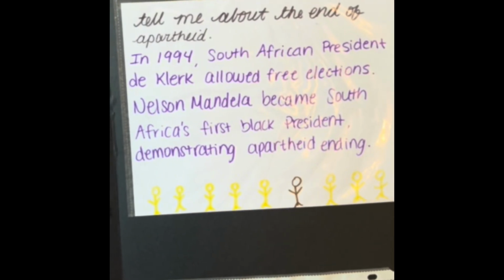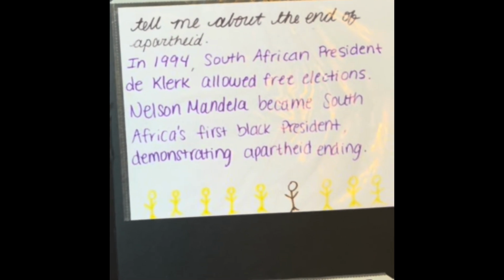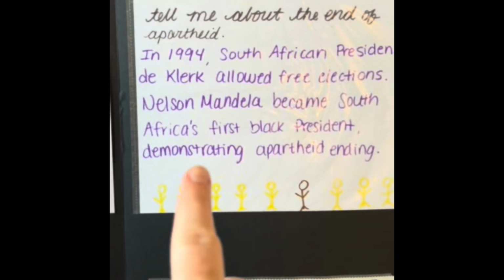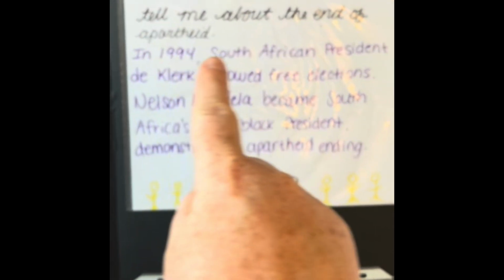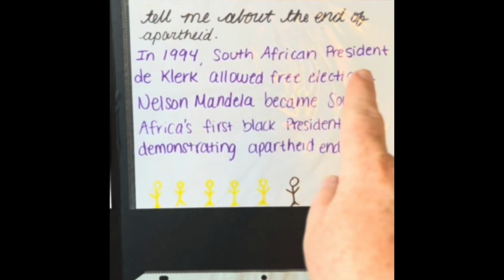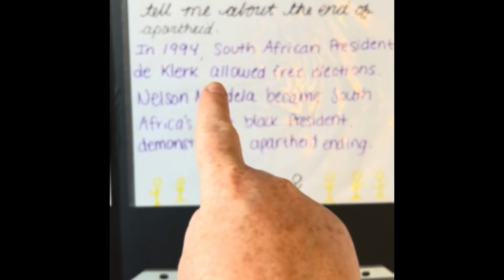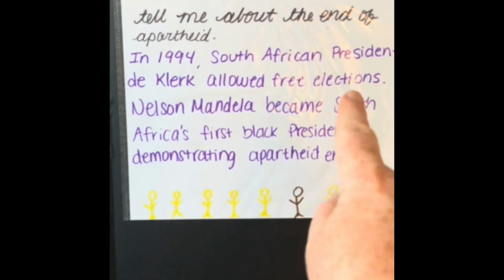Demonstrating apartheid was ending. In 1994, South African President de Klerk allowed free elections.